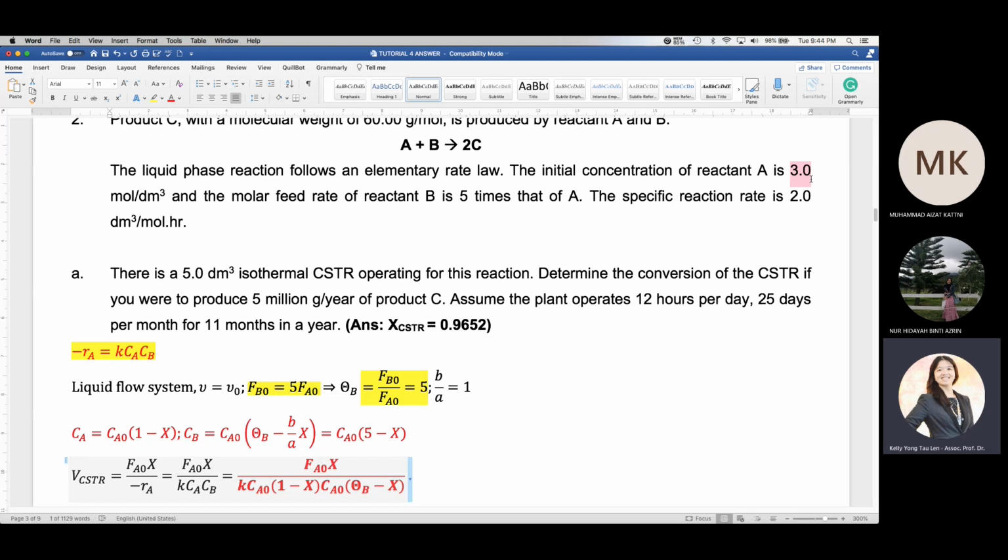The inlet volumetric flow rate is not given in this question. Therefore, I cannot actually use that correlation.